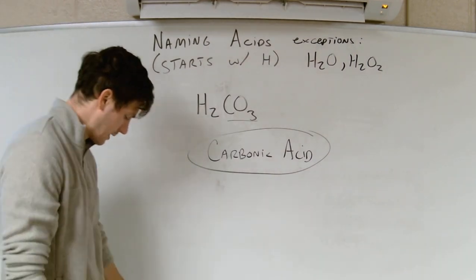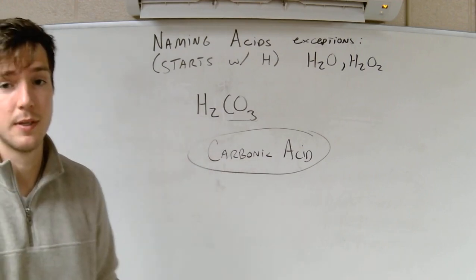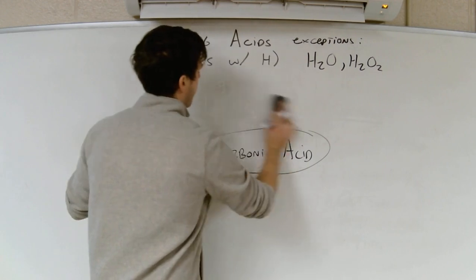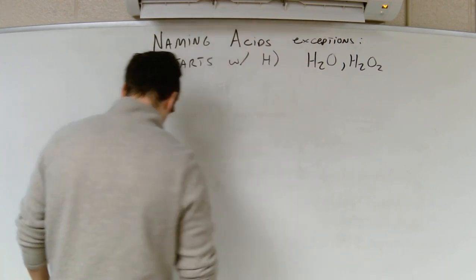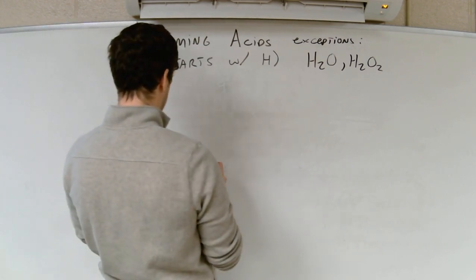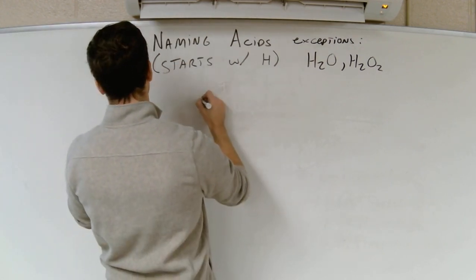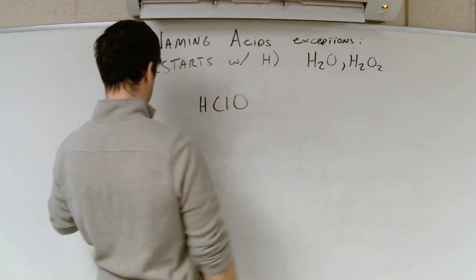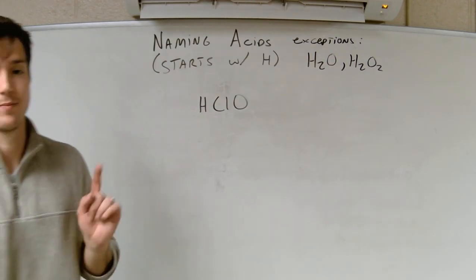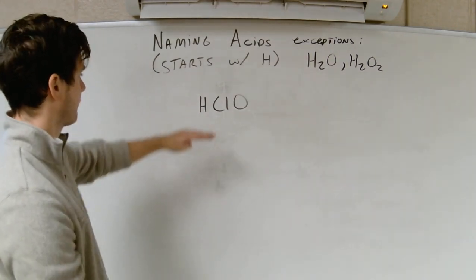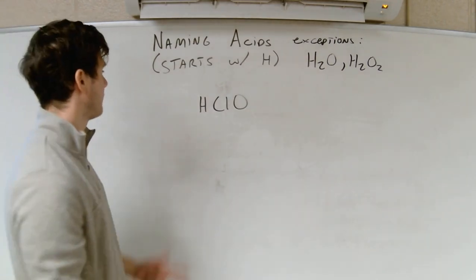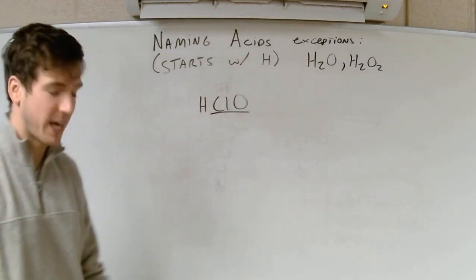One more before we go to reverse from name to formula. Let's go with HClO. Covalent, ionic, or an acid? It's an acid, it starts with an H. So, does it have oxygen? Yeah. So, I gotta look at that polyatomic ion.